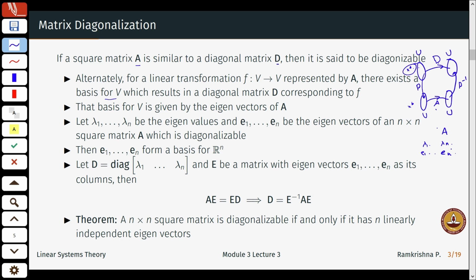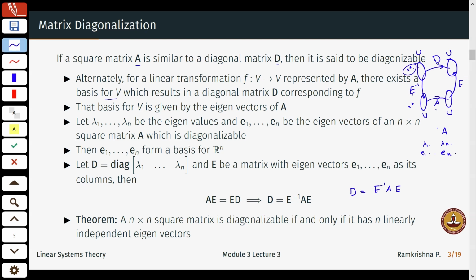So, now the idea is to find, if this D can be represented as, just to be consistent with the notation, let me call this E and this E inverse. So, D is E inverse A E. It does not matter, right, because this is always invertible.